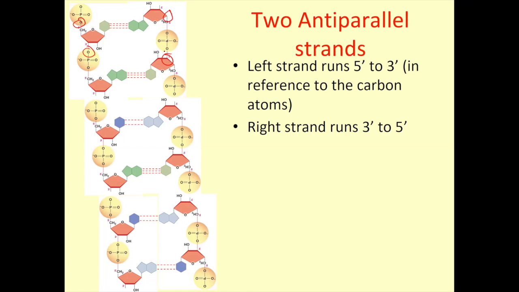So the left strand runs 5 to 3, the right runs 3 to 5. That's just a bit of extra information. The other thing we can see in this diagram, we can see 3 hydrogen bonds there and just 2 hydrogen bonds there, and we can see 1, 2, 3 bases each time. The ladder's got to be straight. Okay, it's a twisted ladder, folks.